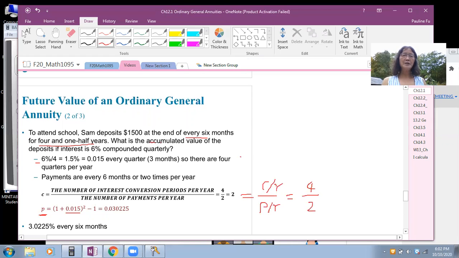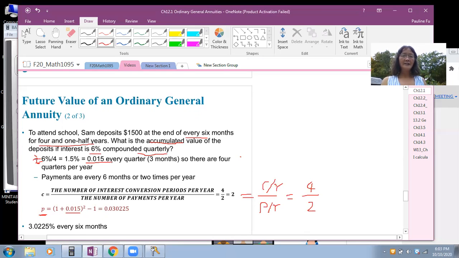What is the accumulated value of the deposits if interest is 6% compounded quarterly? We'll use 2 methods. One is the formula. So we calculate I equal to 6% divided by 4, because it is compounded quarterly. So I equals 0.015.